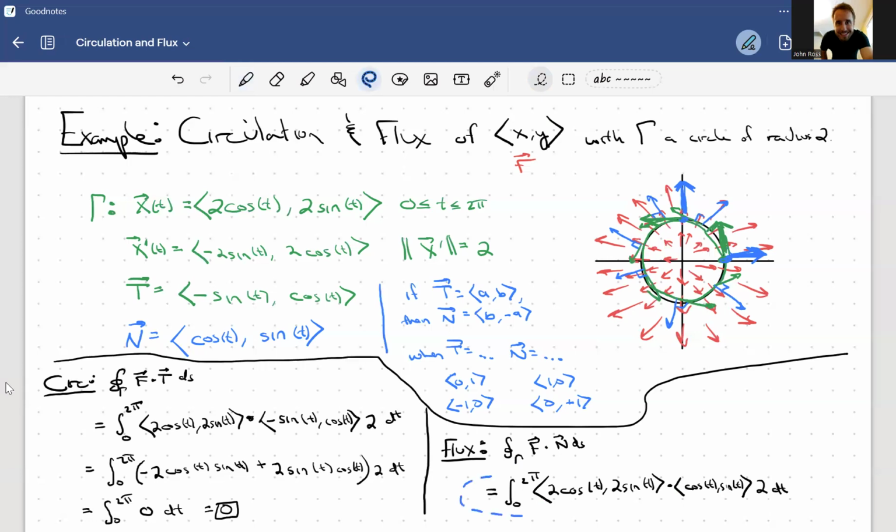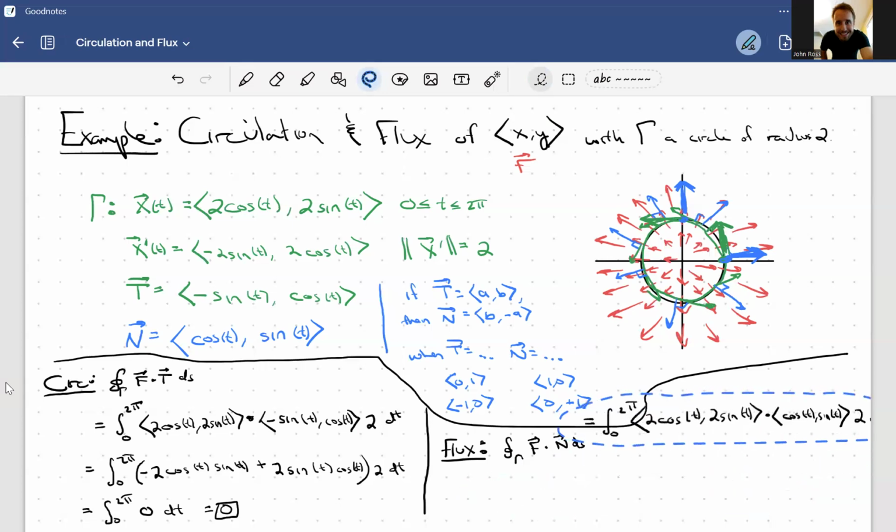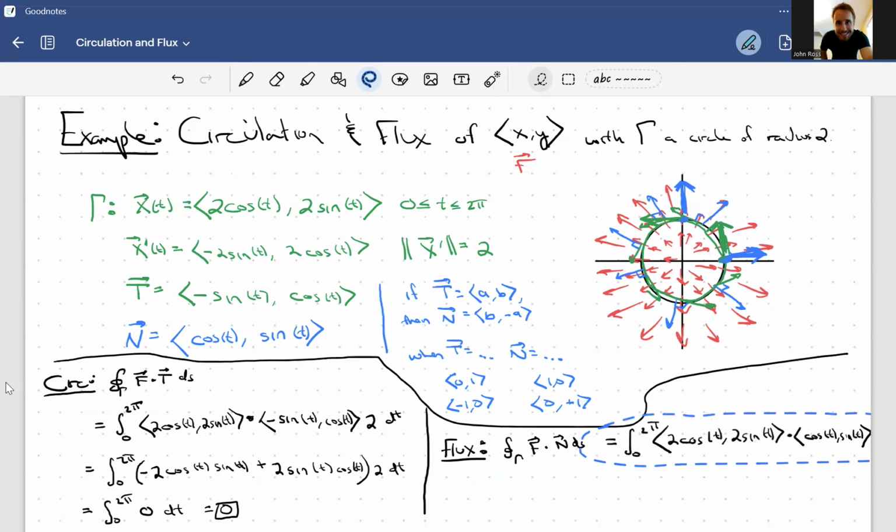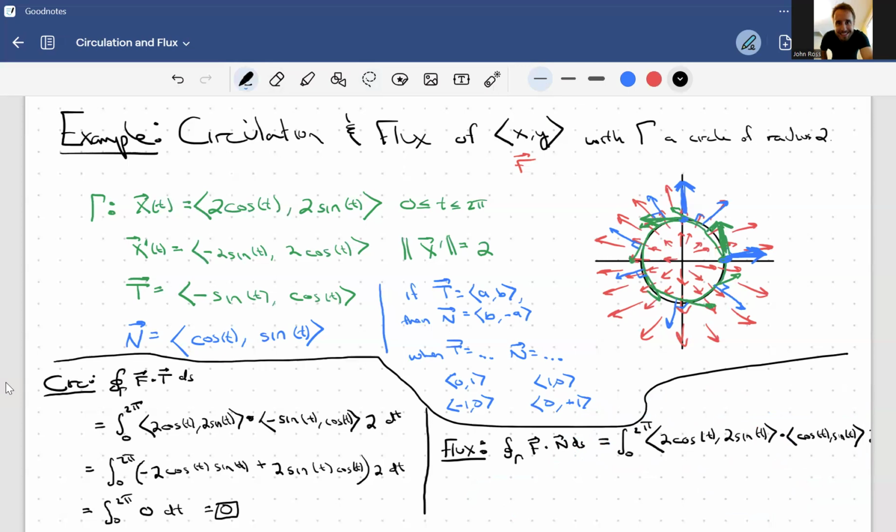Okay, and let's do some creative moving things around here to try to save some space. Just slide that off the screen, I guess. But that's okay. When we do the dot product here, we'll get 2 cos t times cos t plus 2 sine t times sine t. So notice that will become 2 times cosine squared plus sine squared.